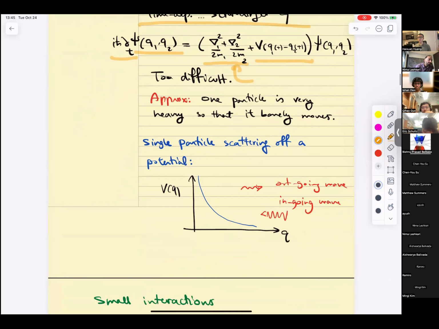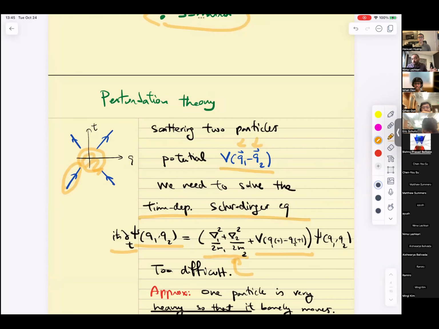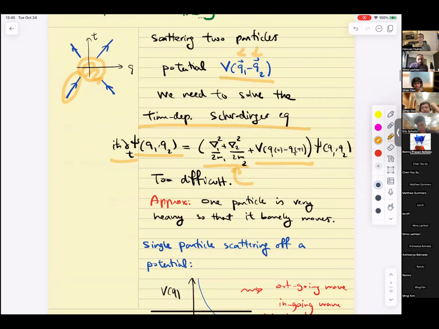One approximation is one in which one of these particles, or this could be M to N particle, M to M particle scattering, you could view the whole calculation from the point of view of a single particle. The single particle basically feels an effective potential due to the presence of all the other ones.